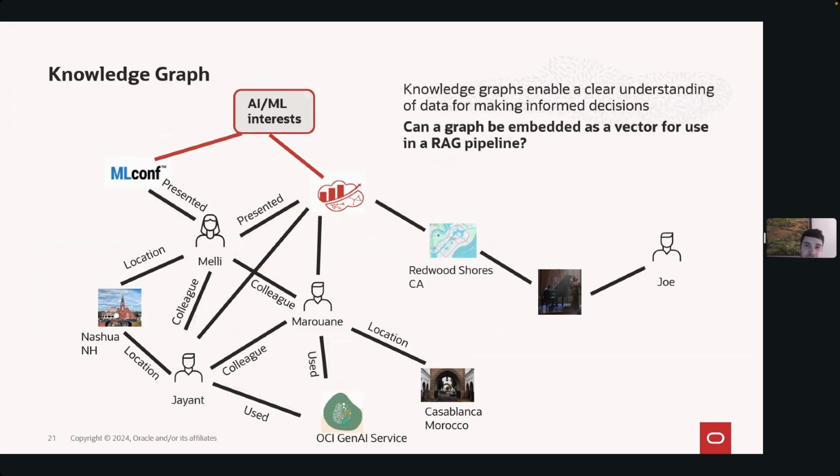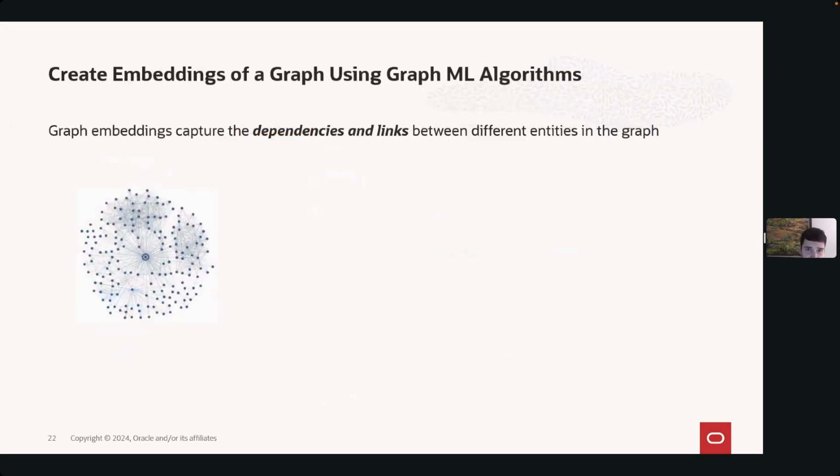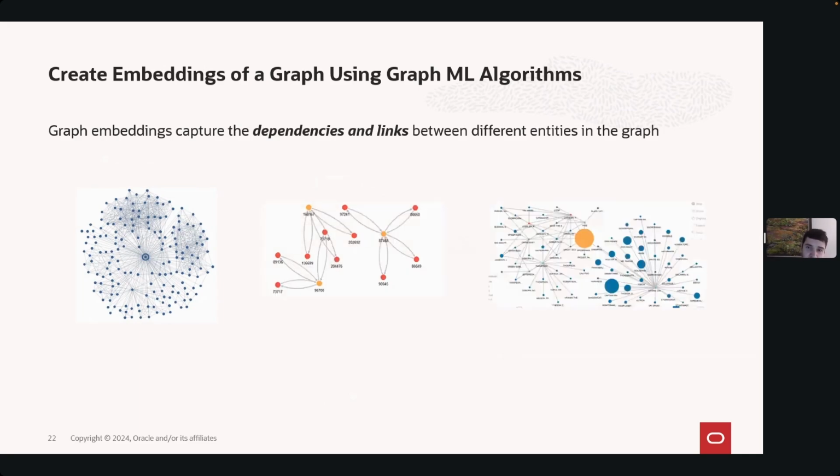Right, so the question is, how do we enable this kind of RAG where we can answer complicated questions through navigating relationships in a graph? And that's what the next slides are going to try to show. Today, with the Oracle offering, maybe we can aim at implementing such a system by more or less using graph ML models or algorithms.